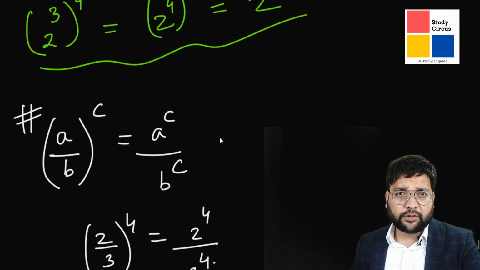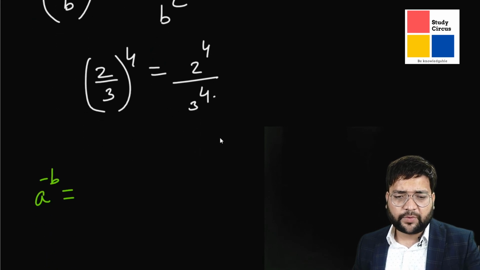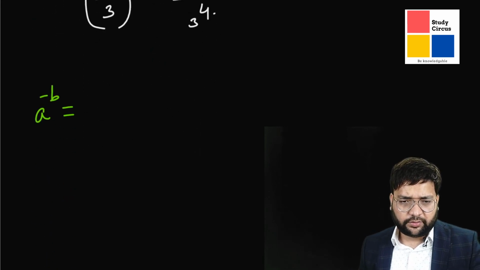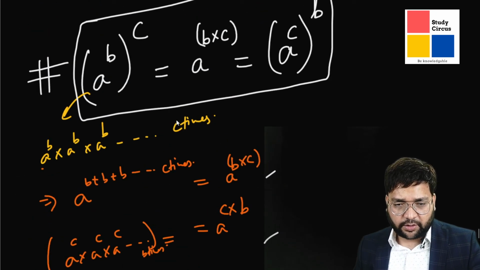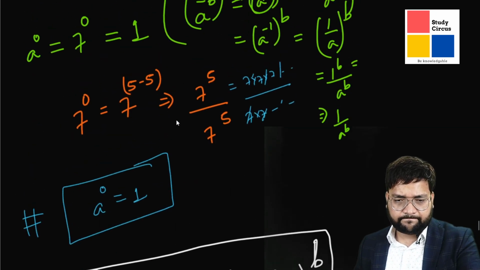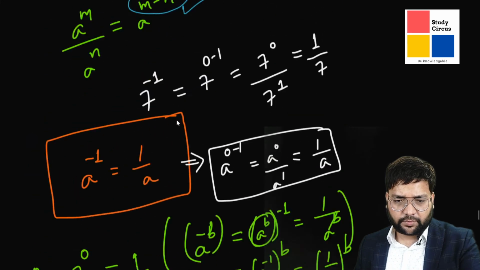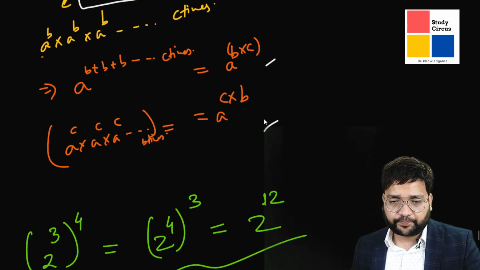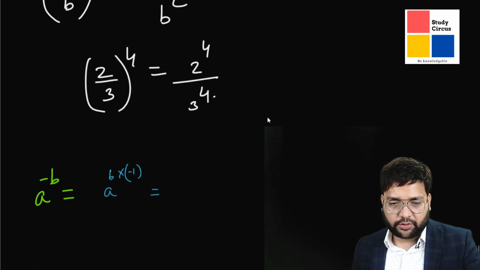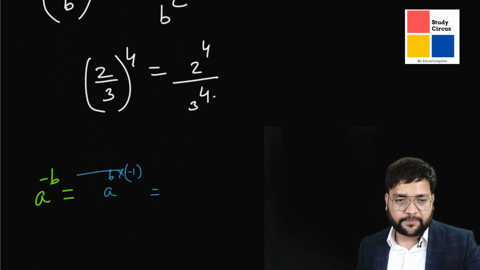This property also included a by b whole to the power c. So this is a to the power b into minus 1, is it not? Use this property here: a to the power b whole raised to the power c is a to the power b into c, right?